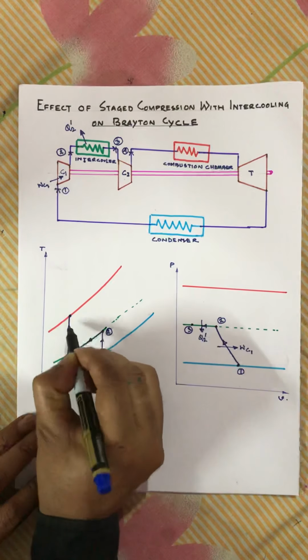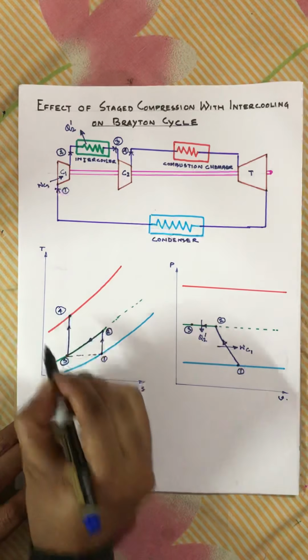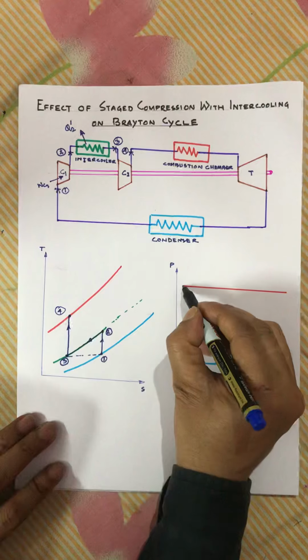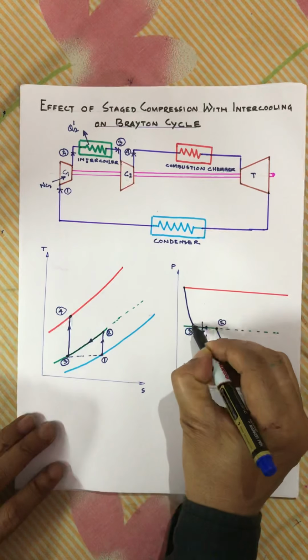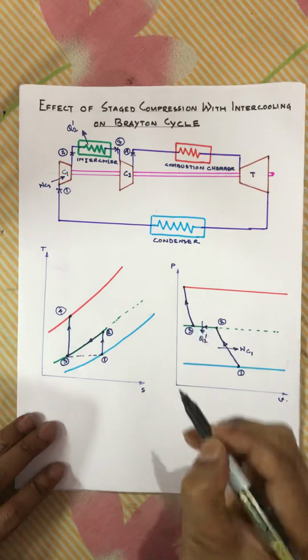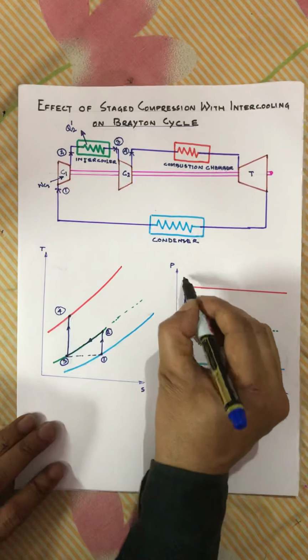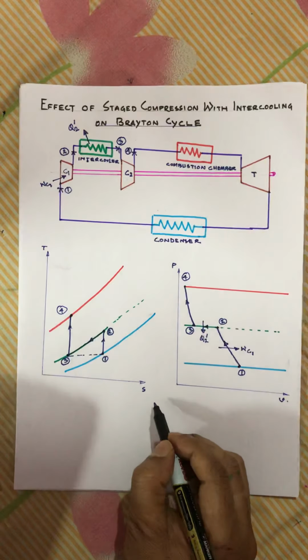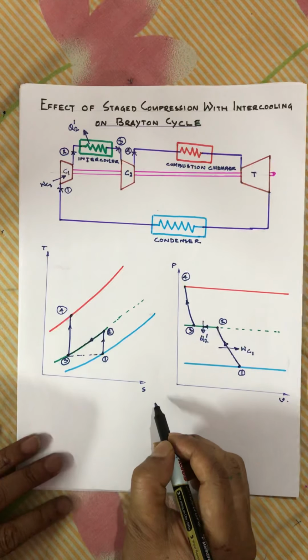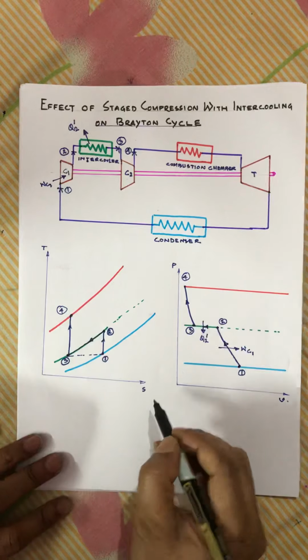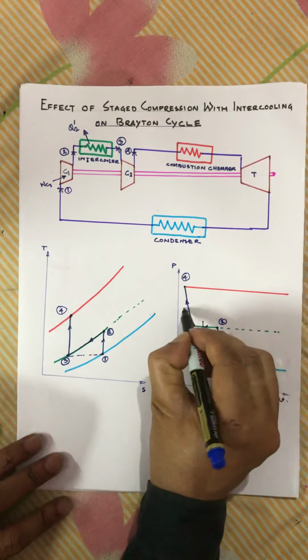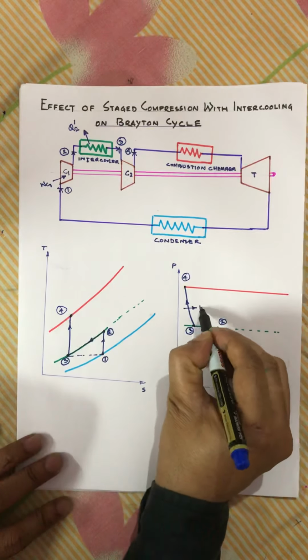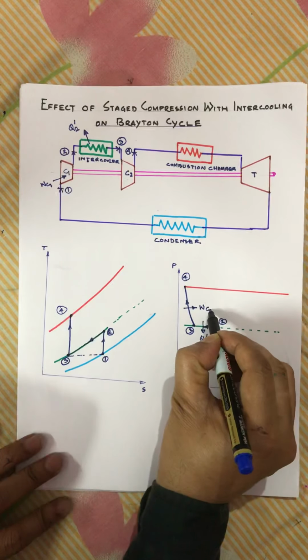The 3 to 4 process will be just like that, a curve will be there. So the 3 to 4 process is a reversible adiabatic compression process. We have to invest some work here also, WC2.